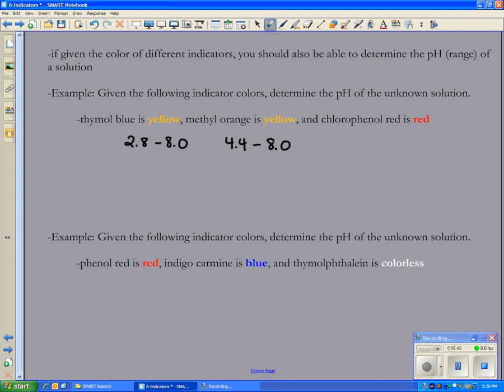For chlorophenol red, it is a red color, so this means that pH has to be above 6.8. So 6.8 is our lower limit. We still have an upper limit of 8.0 from the previous indicators. So for this solution, the pH must be between 6.8 and 8.0.